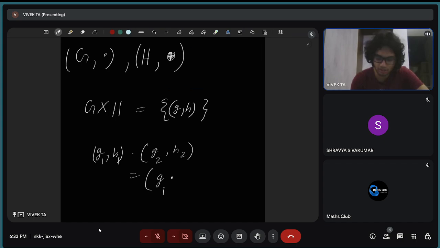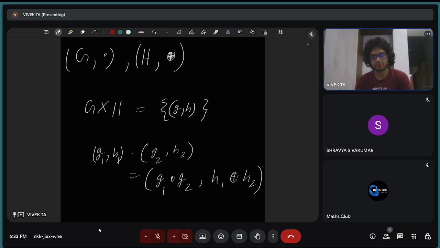So G1 with the operation of G, comma, H1 with its own operation applied on itself. This is how I define a product group. Is this definition clear?